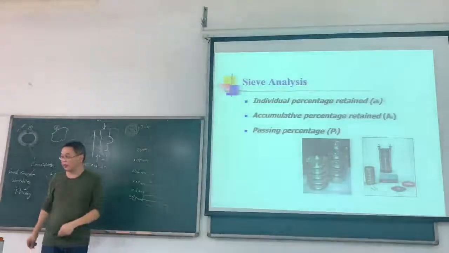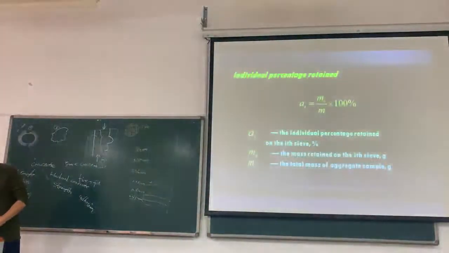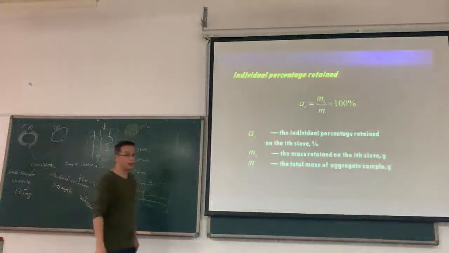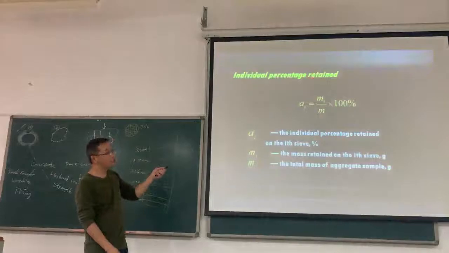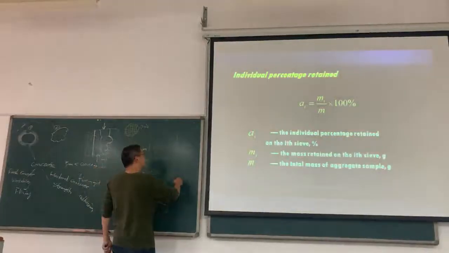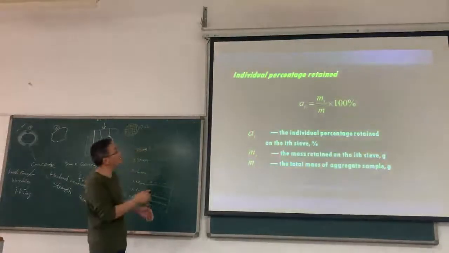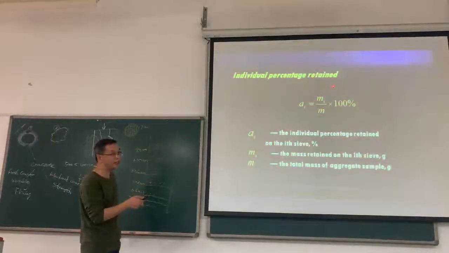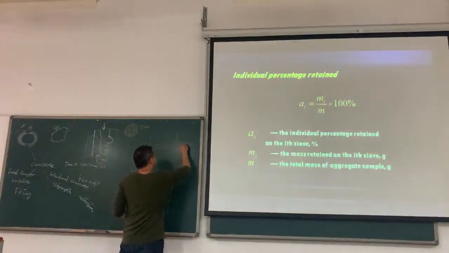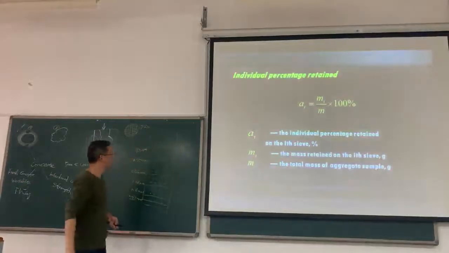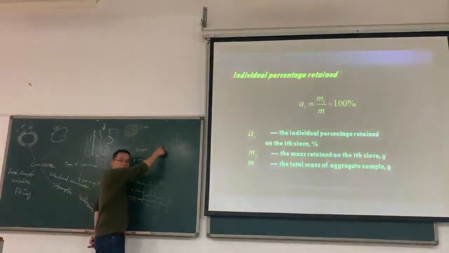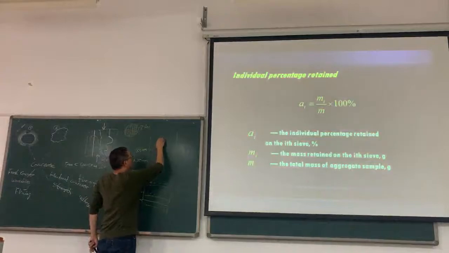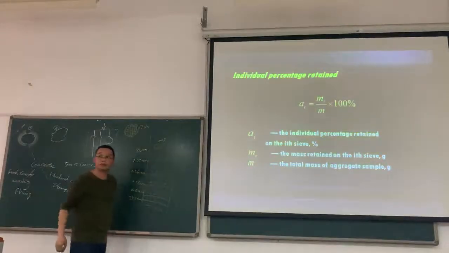So for the first index, the individual percentage retained. What is the individual percentage retained? For this one, for example, the mass of the aggregate retained here may be 100 grams.